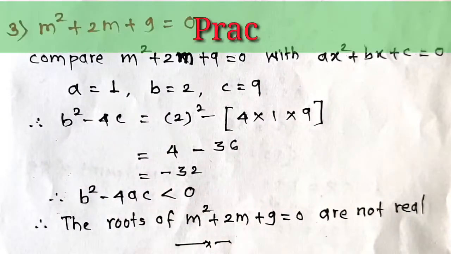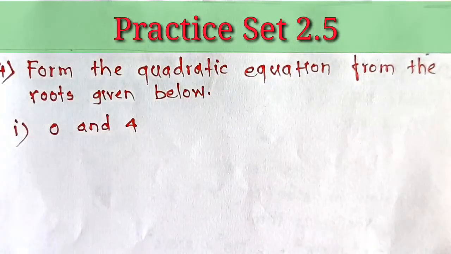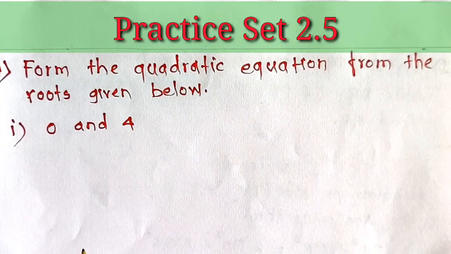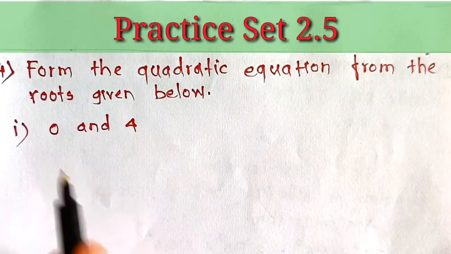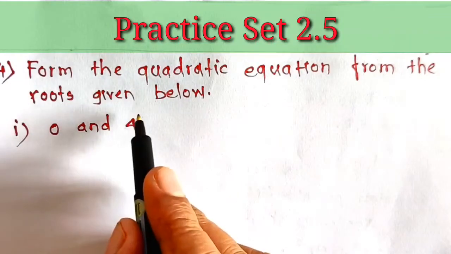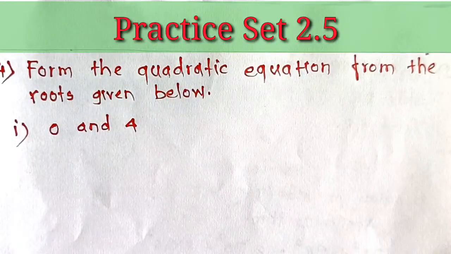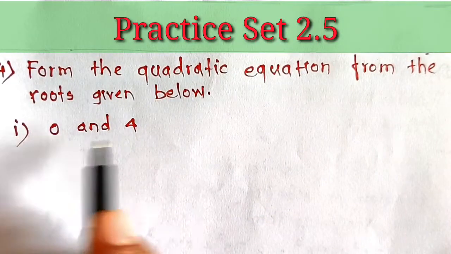Let us see the question number 4 from practice set 2.5. What is that question? Form the quadratic equation from the roots given below. So we have to form the expected quadratic equation using the values of alpha and beta.